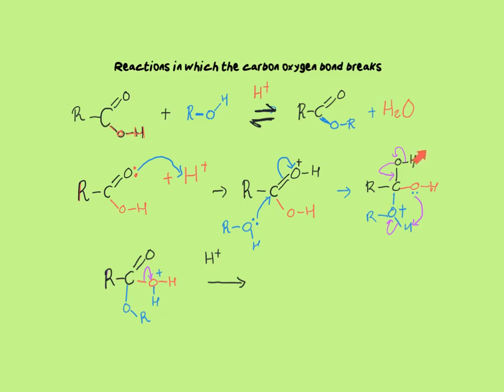The original hydrogen ion that was picked up in the protonation is released, resulting in an ester molecule and water. This reaction, because of the presence of hydrogen ions, is reversible. So an ester under acidic conditions can revert to the carboxylic acid and the alcohol again.